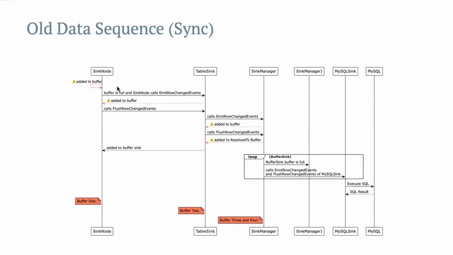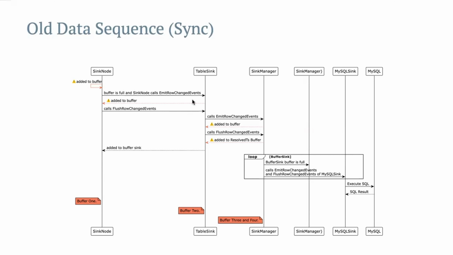It's more like a timestamp. We can get a timestamp from TiCDC, or from the previous node, or from the sorter. When we get a specific timestamp, it tells us that before this timestamp, I already sent all the data to you.